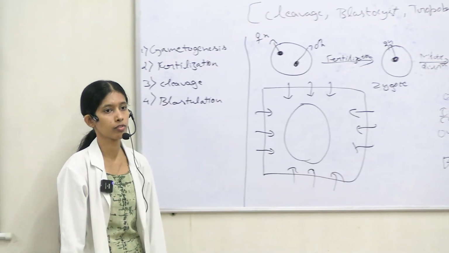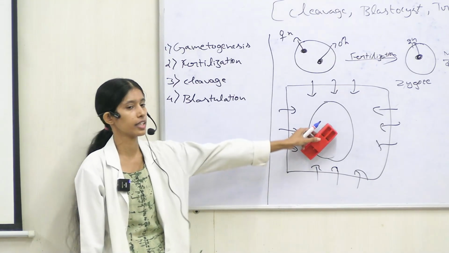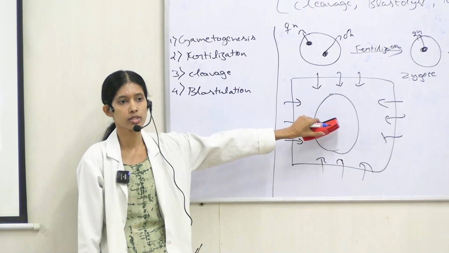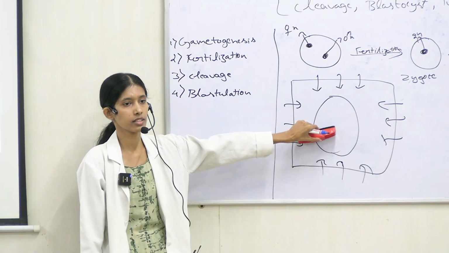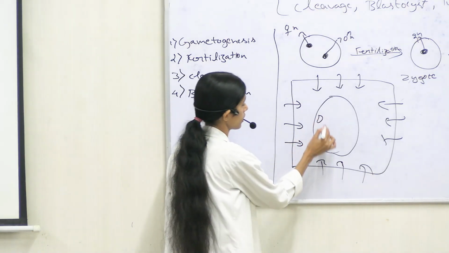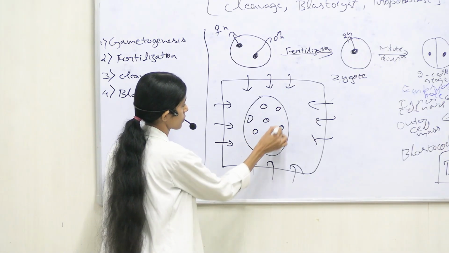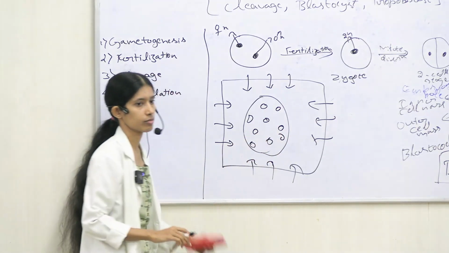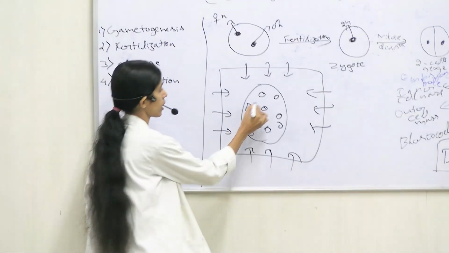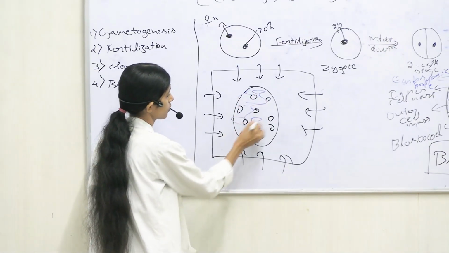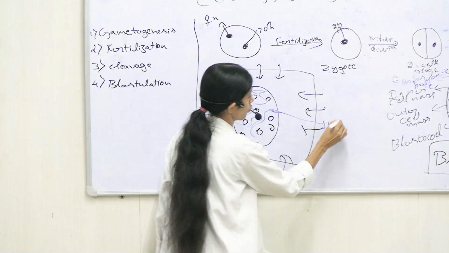As a result, the cells present here will start showing some gaps like this. These gaps are now filled by the uterine fluid.